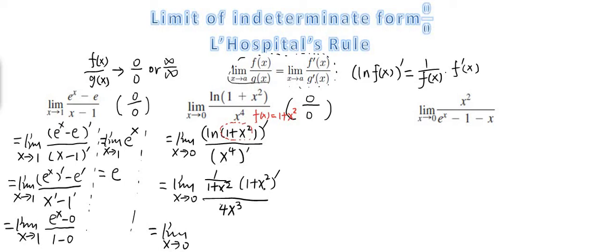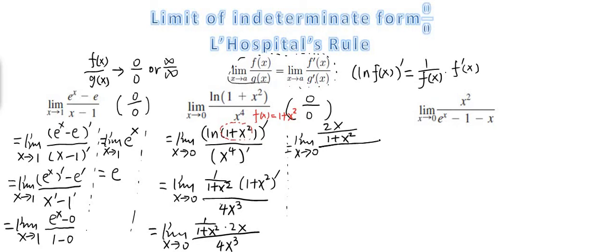The derivative of 1 is 0, and the derivative of x squared is 2x. Basically we can simplify like that: as x approaches 0, 2x over 1 plus x squared, divided by 4x cubed.